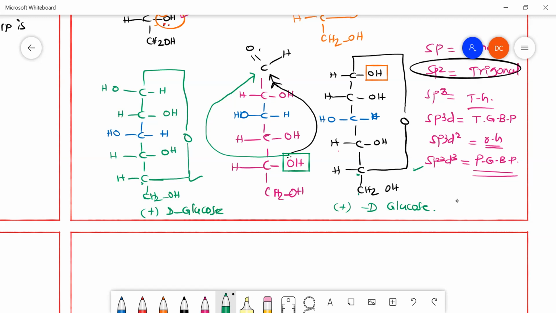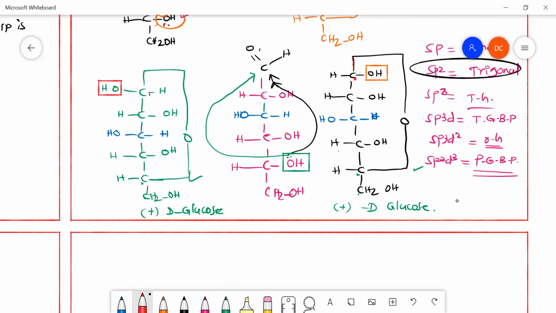Okay. And here we are going to classify this because both the structures are not the same. Am I right? Why? Because here the OH group is on the first carbon. On the first carbon, in one case the OH group is on the left side, and in the other case it is on the right side. You just remember it, it's a trick.